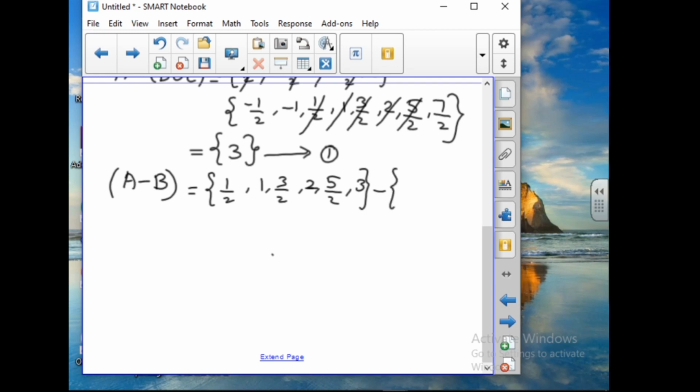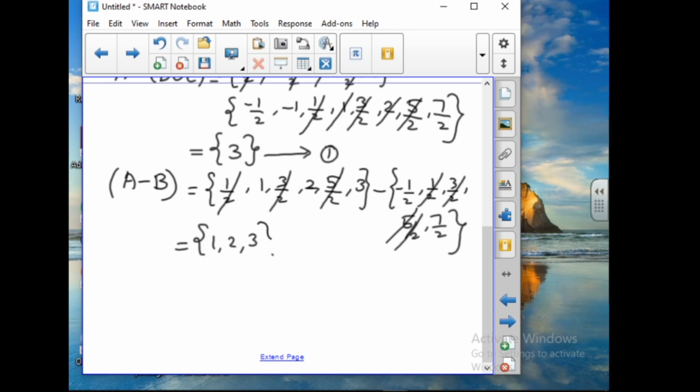The B set is minus 1 by 2, 1 by 2, 3 by 2, 5 by 2, and 7 by 2. So what are the common elements? 1 by 2, 3 by 2, then 5 by 2. So what are the remaining elements? The remaining elements of A are 1, 2, 3.